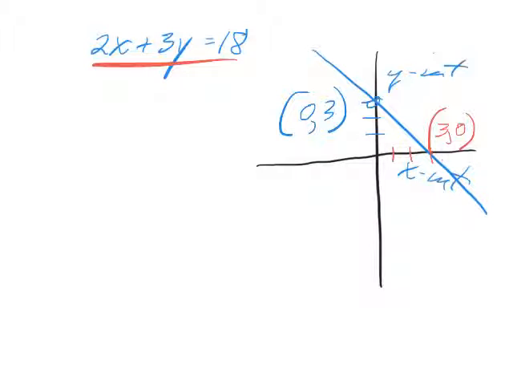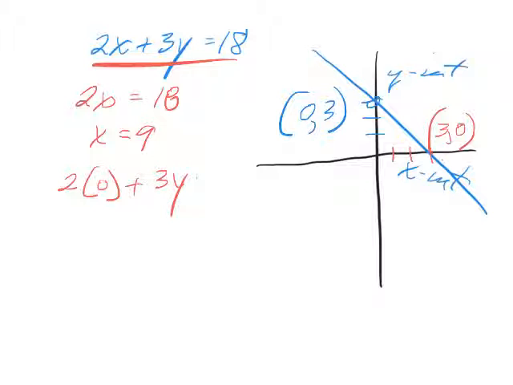So what do we do with an equation like this? If we want to find the x-intercept, we plug 0 in for y. So 3 times 0 is 0, so that equals 18, and x equals 9. If we want to find the y-intercept, we put 0 in for x, and we get y equals 6.